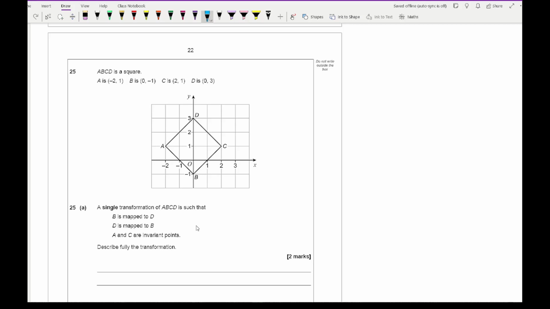So here we're looking at this coordinate here, just simply swapping with that coordinate there. So what's happened? Well, that's going to be a reflection. And whenever you're describing a reflection, you need the line of reflection, which is this line here. The line goes through AC. And what's that line? So reflection on y equals 1.